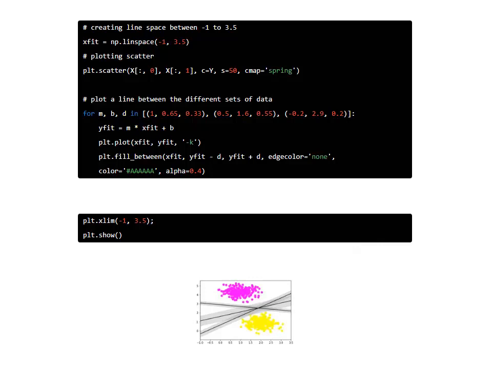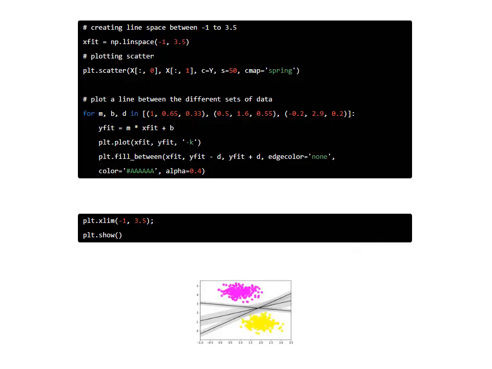We define the x from -1 to 3.5, and we scatter plot the blob samples. Then we have 3 m, b. So we have a line y fit equal m multiply x fit plus b.